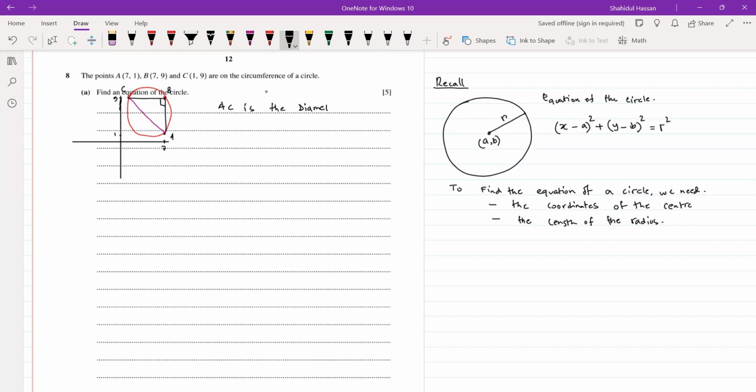So if AC is the diameter, then the midpoint of AC is the center of the circle.